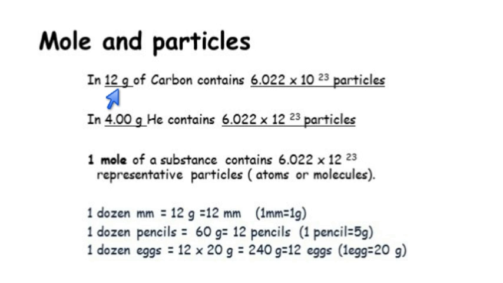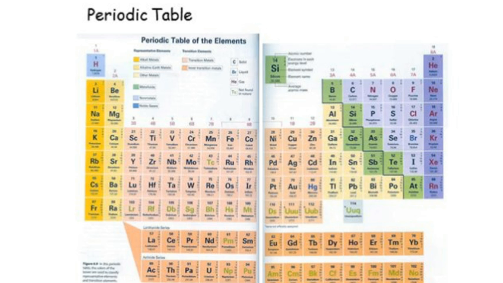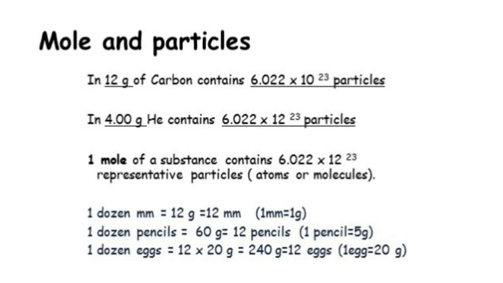So if we look at the mass of carbon in the periodic table, now let's flip back to that. I think I have a periodic table in here. If you look at a periodic table, the big number would be about 12 grams. So 12 grams of carbon contains this many atoms, and that equals 1 mole.